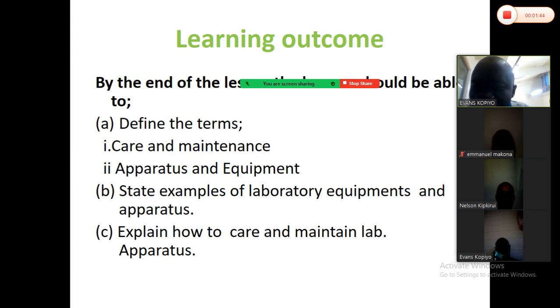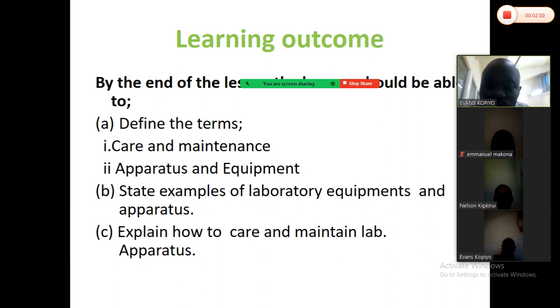Objective A: define the terms care and maintenance, apparatus and equipment. Good. So in objective A, we are going to define the terms care and maintenance, apparatus, and equipment.